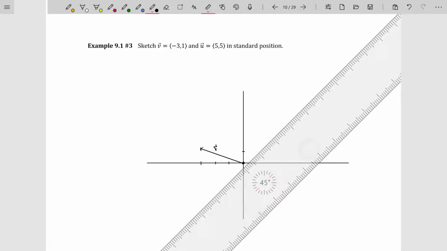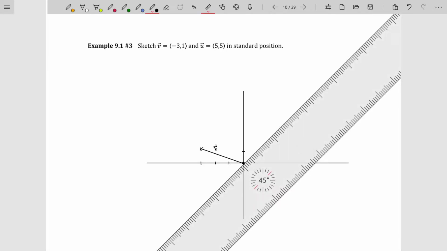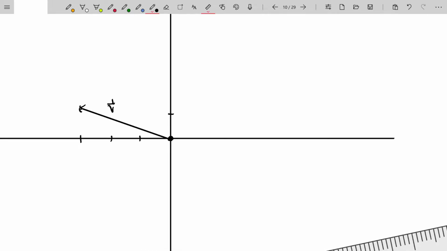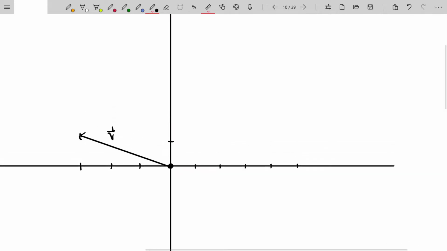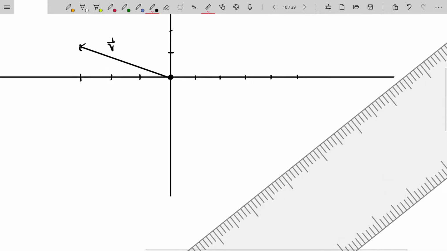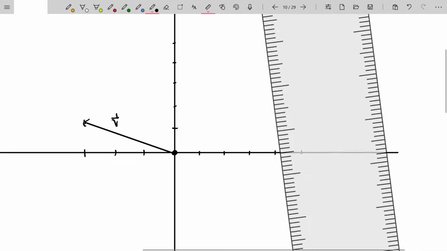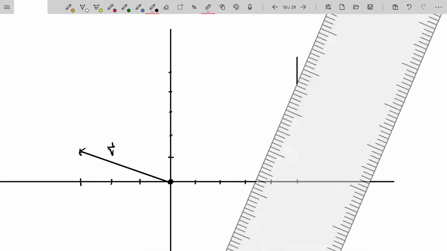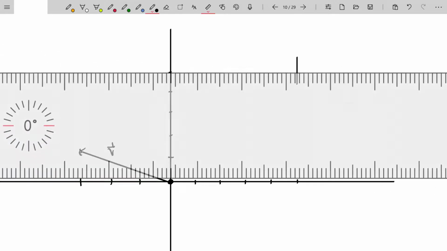And I happen to know that this is going to be 45 degrees, but if I'm freehanding this, it might not be. So let's go ahead and freehand the vector u, which is 5, 5. 1, 2, 3, 4, 5. 1, 2, 3, 4, and 5. So let's see if I can somehow line that up perfectly. Let's see, I want to cross paths here.